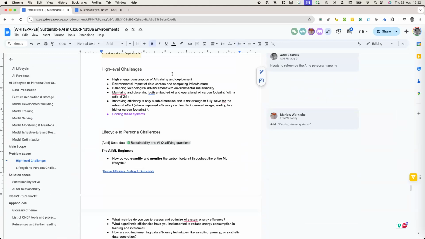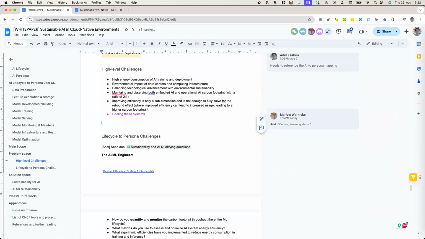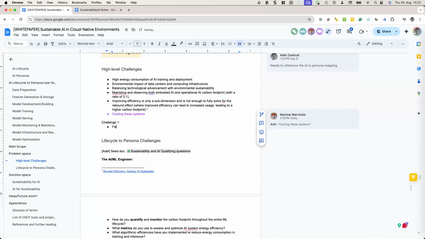Yeah, so I'm writing another paper, and I've put the format here: challenge 1, basically a definition. In the other paper they were not challenges, they were dimensions.